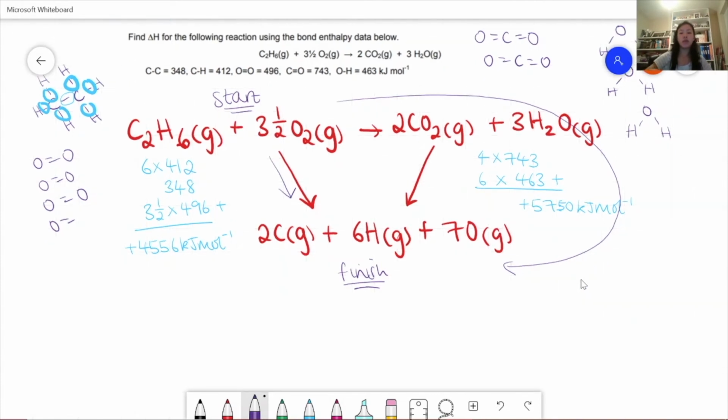So then we can form an equation. So this is the delta H that we're trying to find. So that means that we have delta H plus 5750 is equal to 4556. And rearranging gives that the delta H is minus 1194 kilojoules per mole.